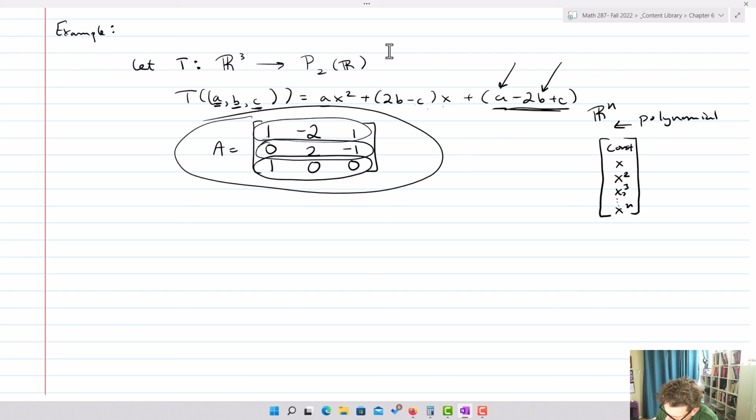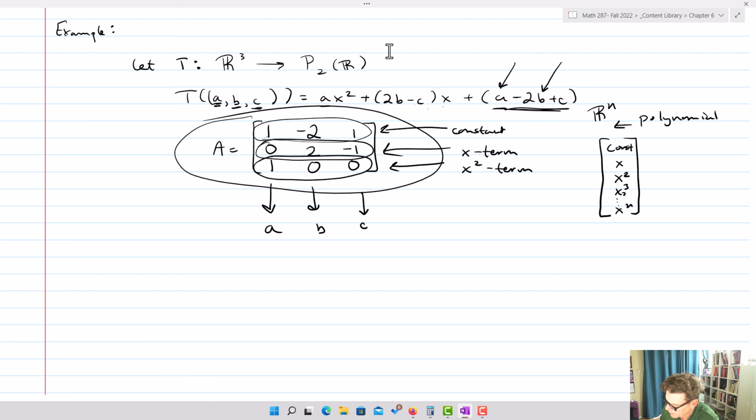So here's A, here's B, here's C, x1, x2, x3, and then over here is the constant term, x term, and the x squared term. If that's problematic for you as you're working, then you might just want to use the standard basis vectors.